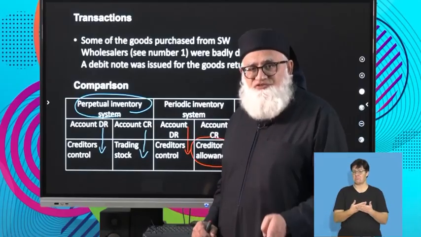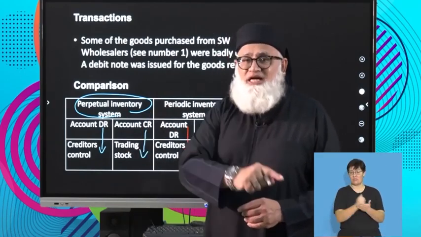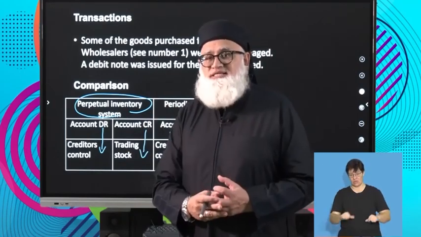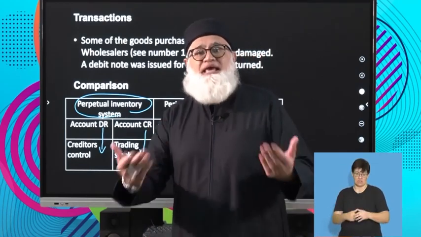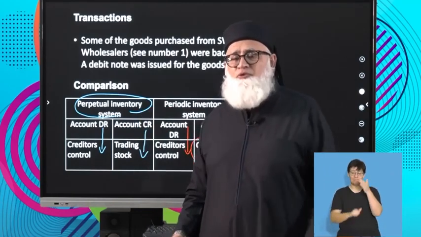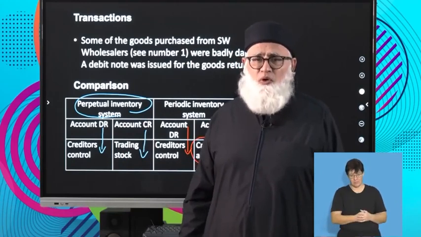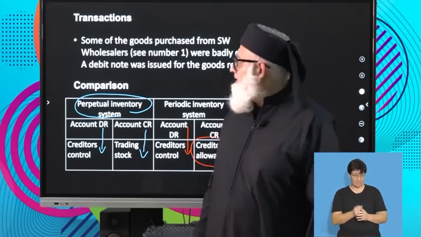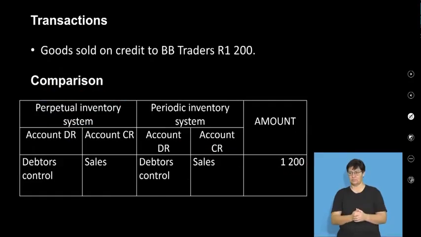However, it is preferable to take it to your creditors allowances account first and then transfer the total creditors allowances to your purchases account. However, if you're doing a calculation and you want to subtract your return directly from your purchases, by all means, no problem at all. Right? Okay, that transaction is done and dusted. Let's move on to the next one.